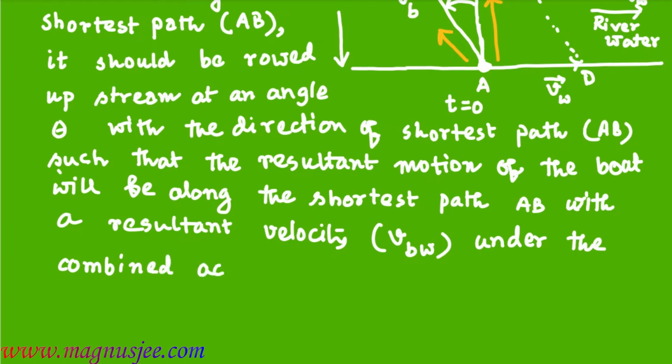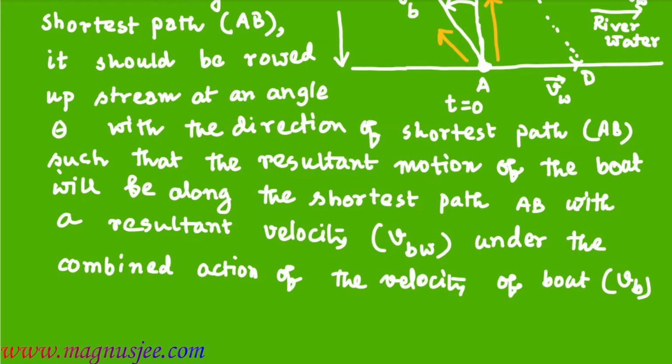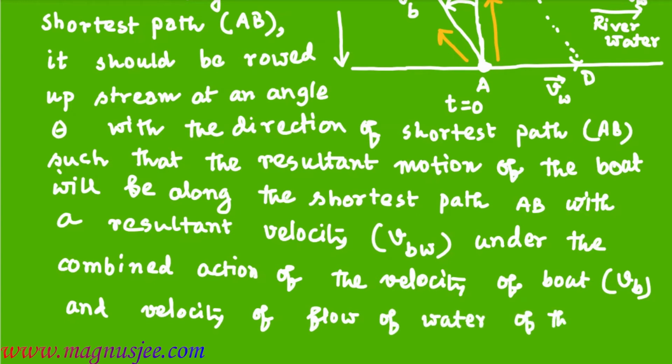the motion of flow of river water along AD with velocity VW. Under the combined action of the velocity of the boat along AC and the velocity of flow of river water, under bracket vector VW, along AD.